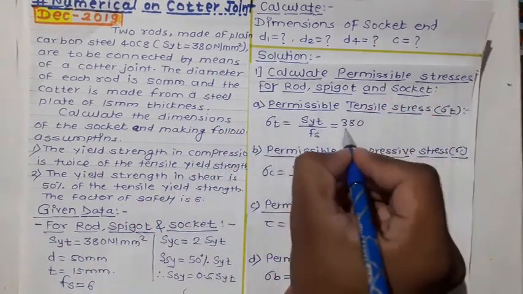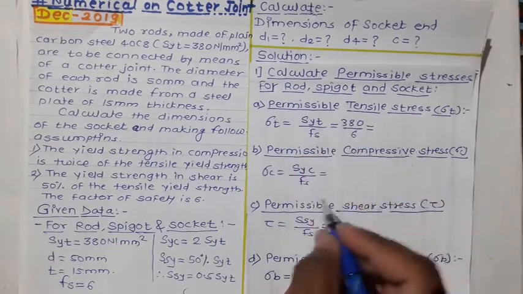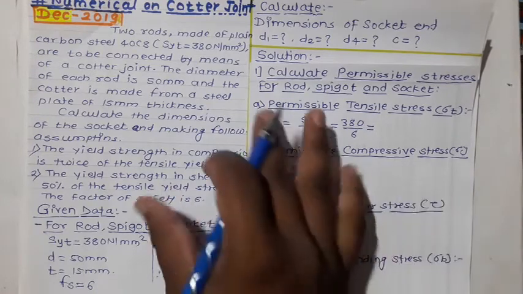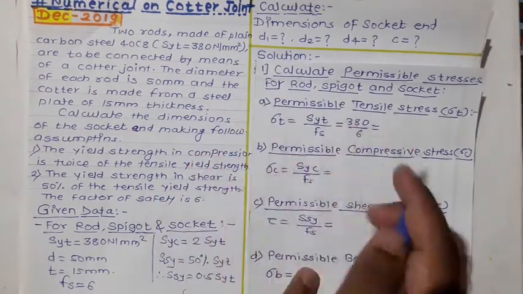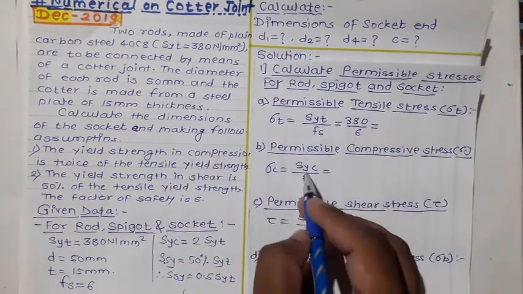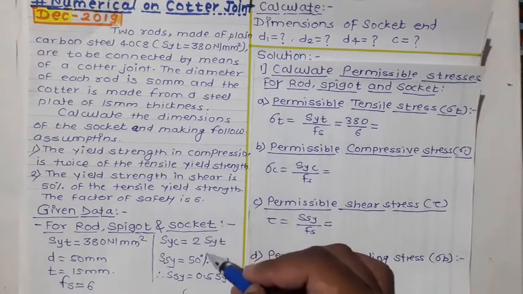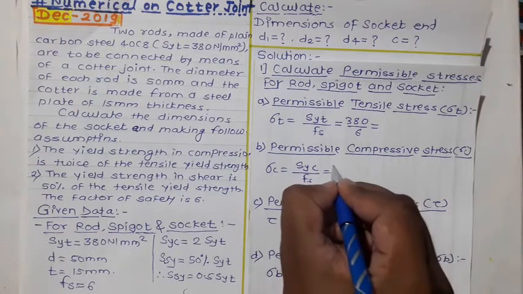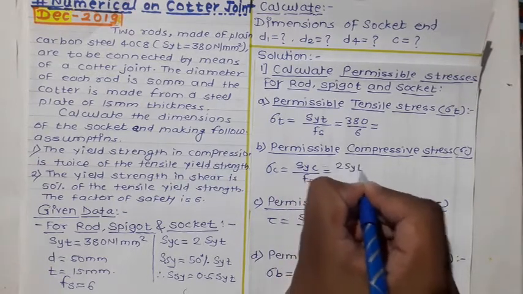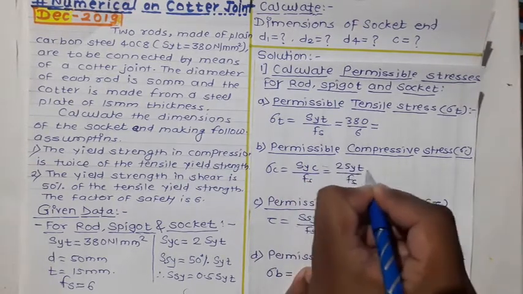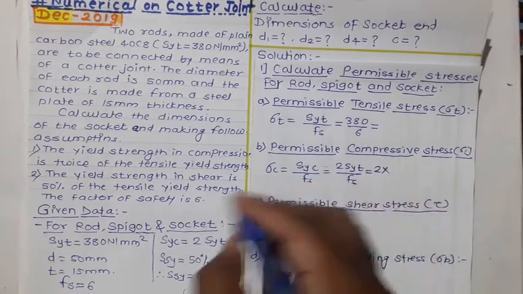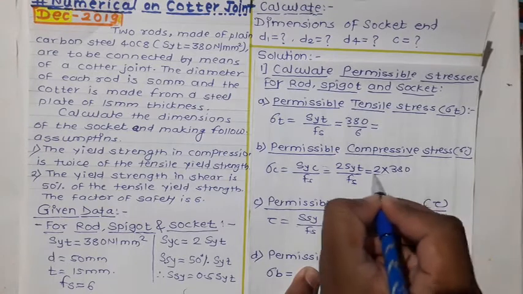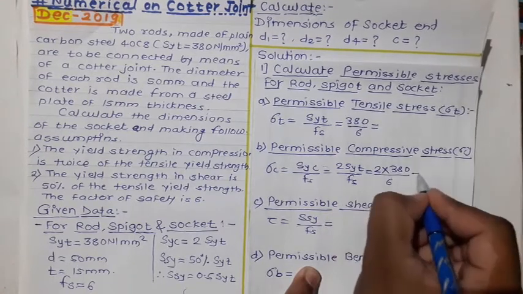Let us put the value of Fs. Then the second is permissible compressive stress. Permissible compressive stress is defined as SYC upon Fs, but we have been given one assumption, SYC is equal to twice SYT. So we write SYC is equal to twice SYT upon Fs. Let us put the value of SYT again: 380 upon Fs is 6.